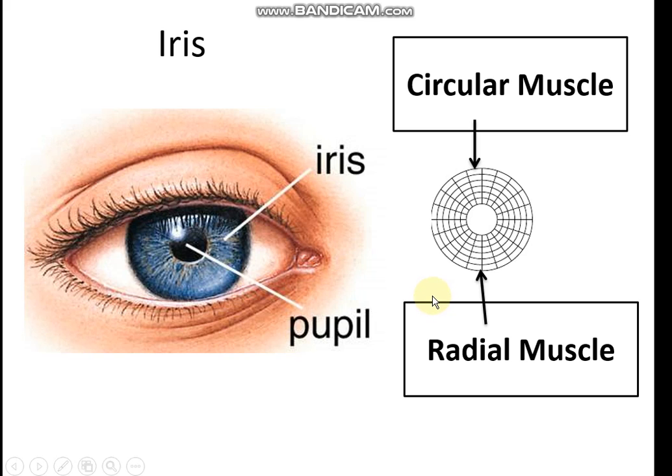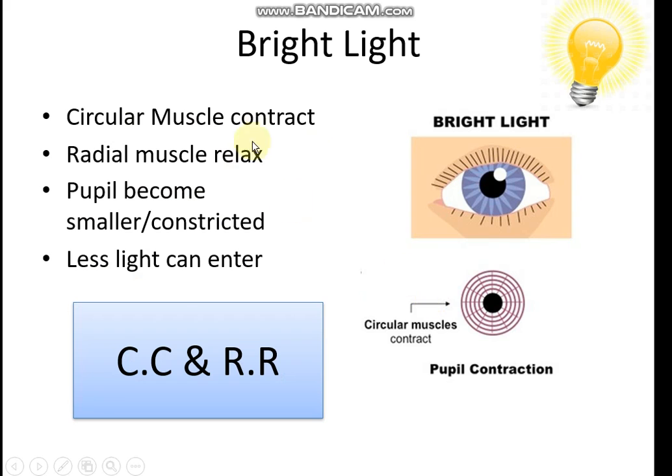Now moving on to the next slide, which is the bright light. How will we be able to see in the bright light? Before going into the technical details, let's first understand that if we enter an area where there is a very bright light, eye bleaching occurs.